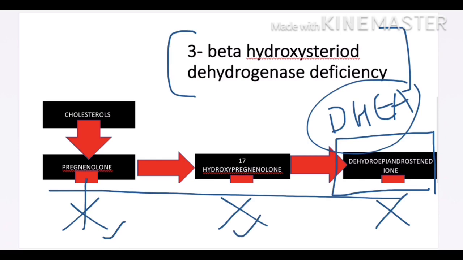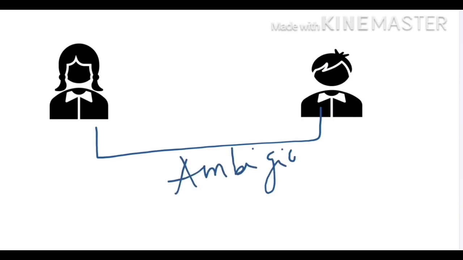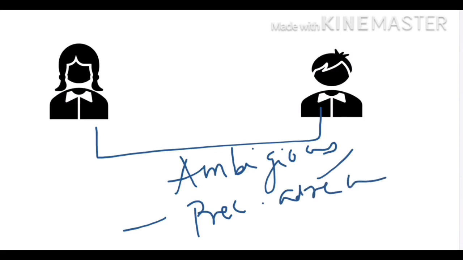No glucocorticoid, but here we have weak androgen in the form of DHEA accumulation. So here male and female both present with ambiguous genitalia. There is a precocious adrenarche and disordered puberty.